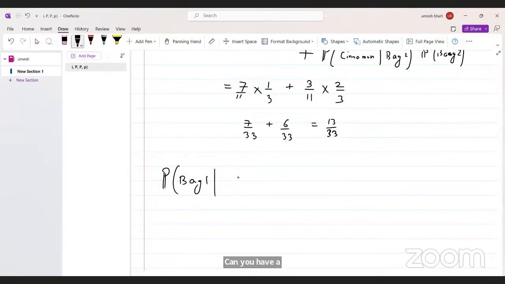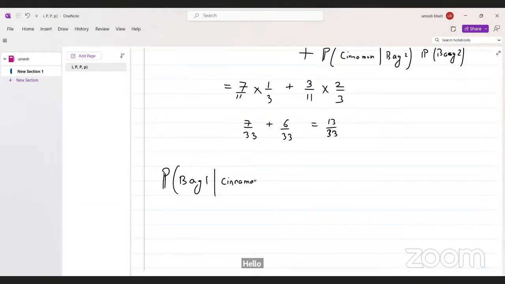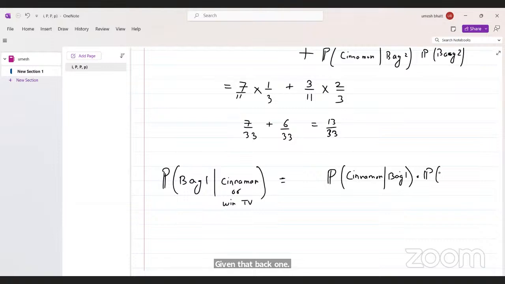Now, what is this? The probability of choosing cinnamon given bag 1, by the law of total probability, times the probability of bag 1, divided by what?